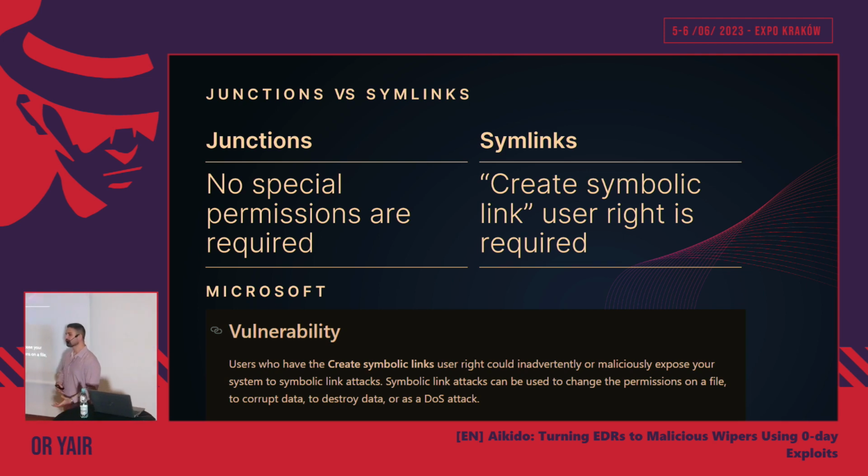But the difference is that a junction point does not require any special permission to create it. So I realized that if I want to somehow point EDRs towards a different path, I should probably use junctions to my advantage.